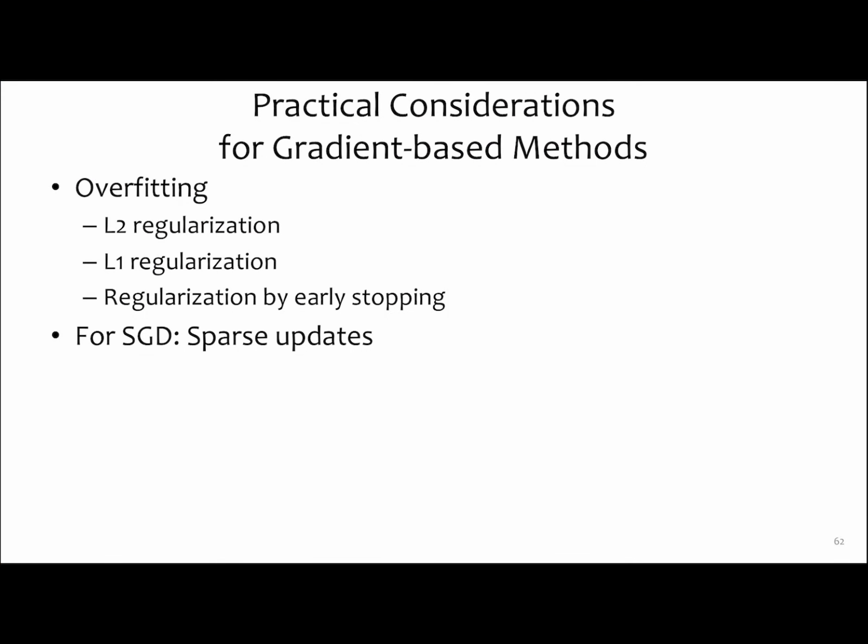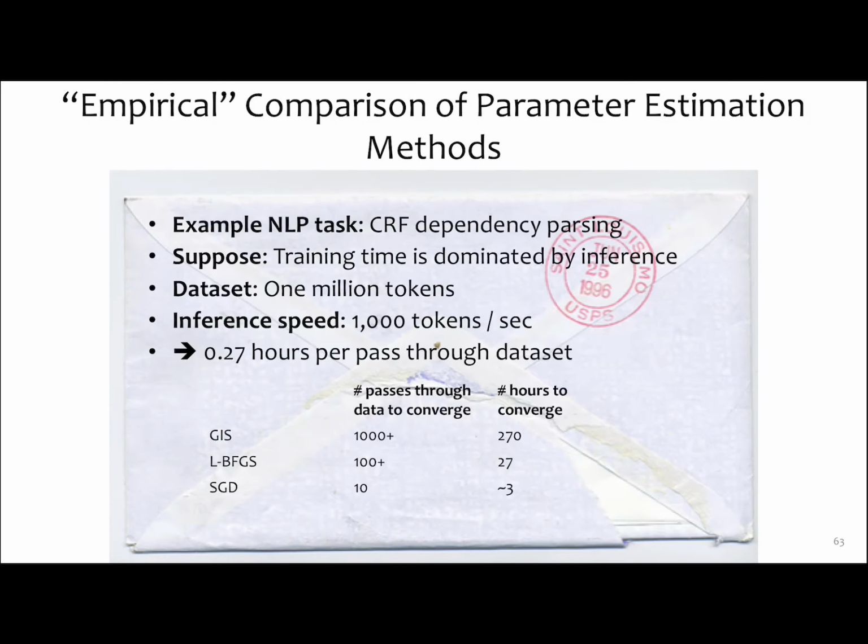So the practical point is that in practice, if you have a lot of parameters, be careful to use a proper regularizer that matches your method. Although stochastic gradient descent, as we'll see a little later in class, has some regularization effects as well.